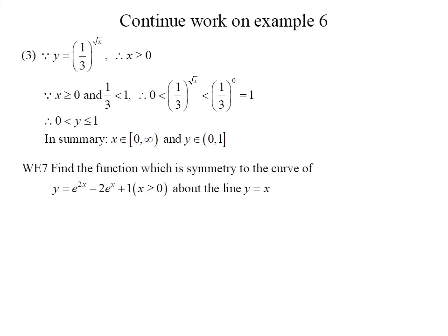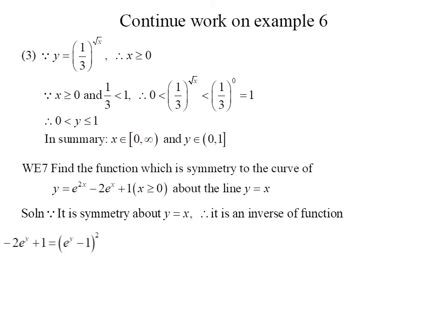Example 7 is to find the function which is symmetric to the curve of y equals e to the 2x minus 2 times e to the x plus 1 about the line y equals x. Since the function we are going to find is symmetric about the line y equals x, it is actually the inverse function of the given exponential function. To find its inverse, we interchange x and y in the given function.